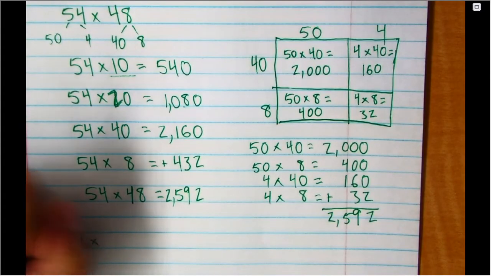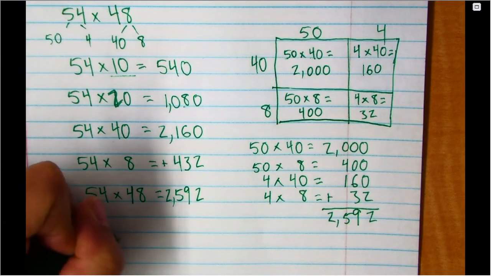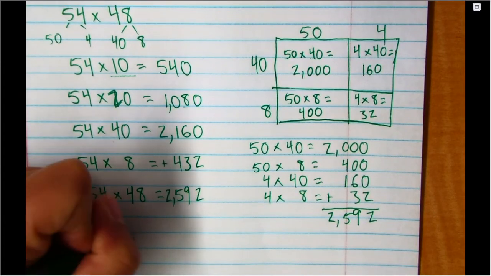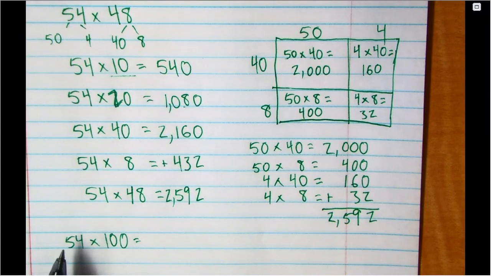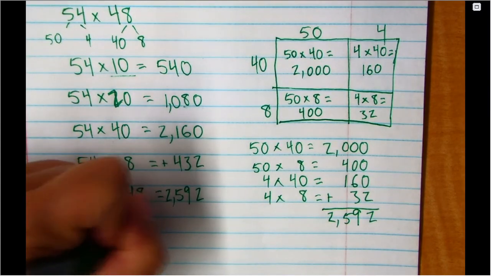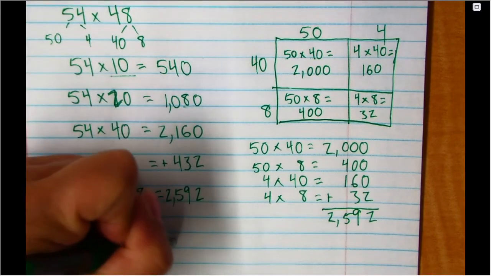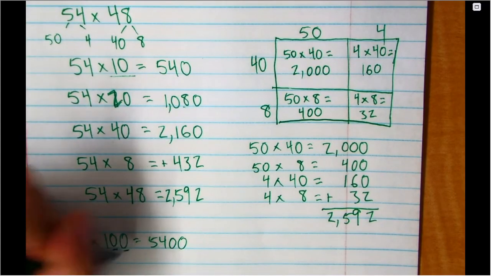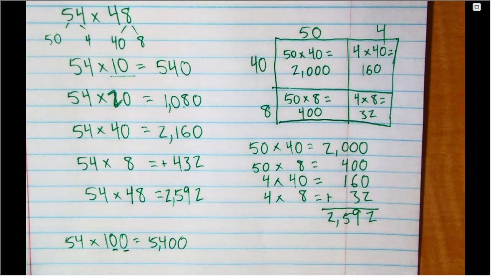I could also look at that and say 54 times 100, because that'll get me a little bit closer than 10, I think. 54 times 100, use my 54, and then of course I have the 2 zeros for the place values. I bring them over here. Now, 54 times 100 tells me that I have 5,400.